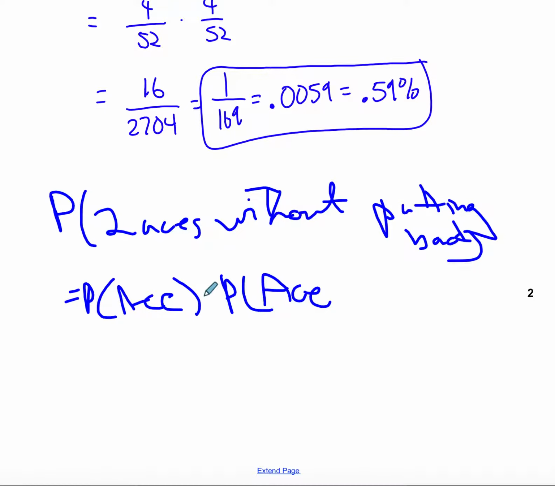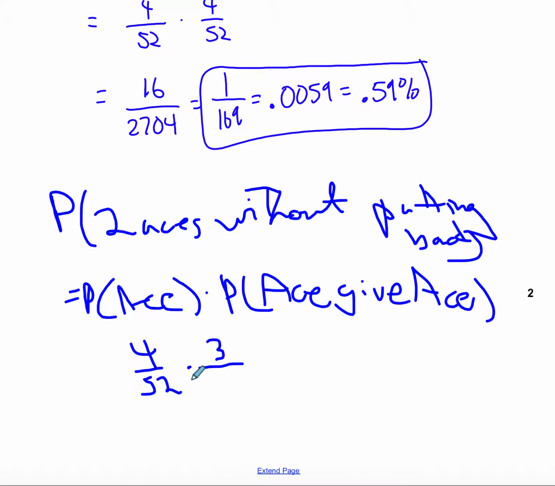So the probability of an ace on the first is 4 out of 52. But the second card being an ace, assuming the first card was an ace, does change. So we actually can say this given ace on the first. And since there were 4 aces, but now we're assuming the first card was an ace, there's now only 3 aces in the deck.